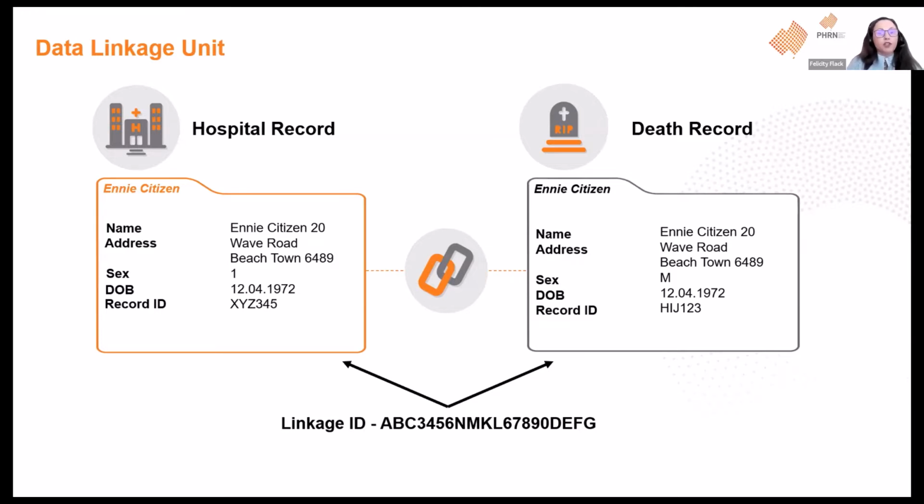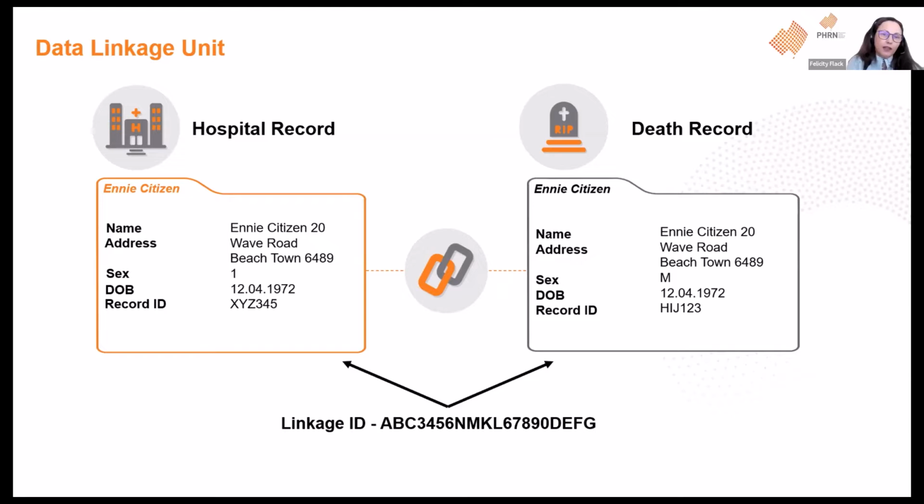Then if a researcher wants to do a research project that involves linking hospital records to death records, they apply to the linkage unit for access to a particular cohort for their particular study.